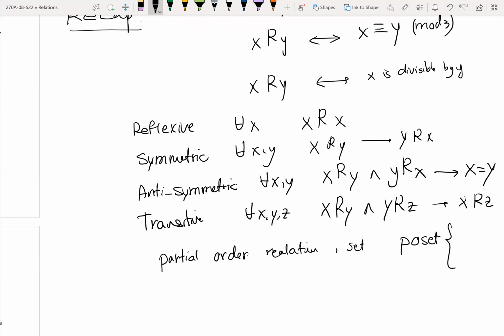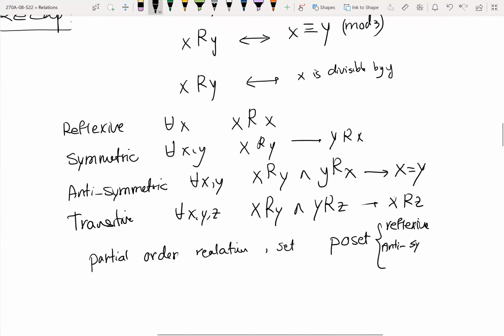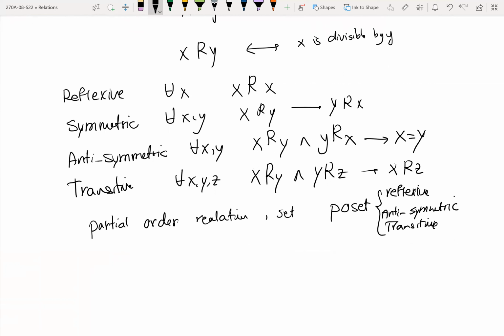If you have the reflexive property, the anti-symmetric property, and the transitive property, this is called partial order.